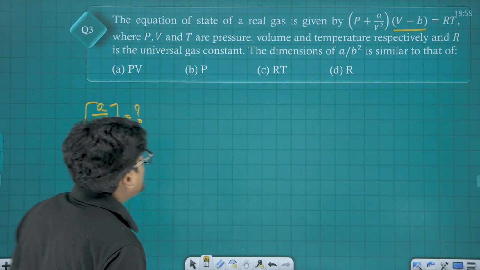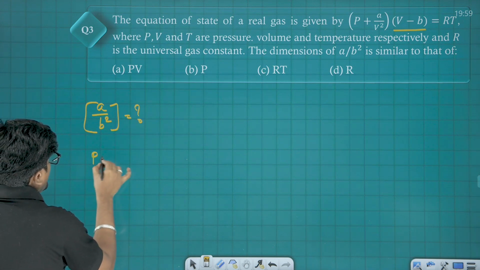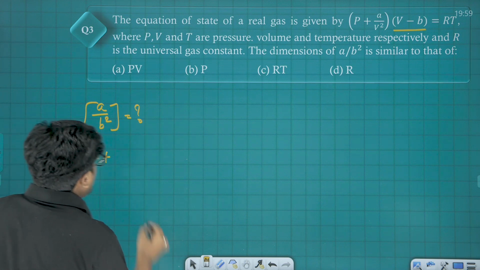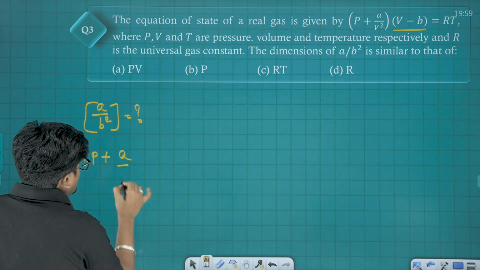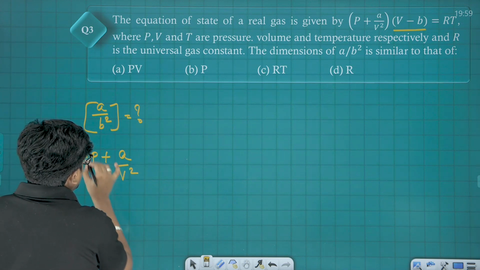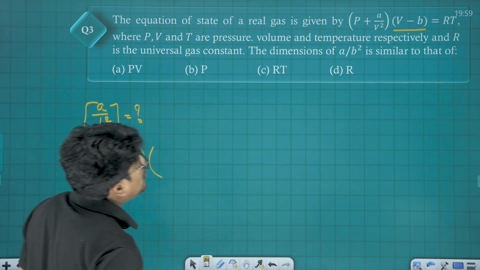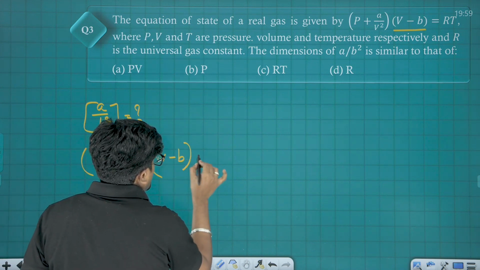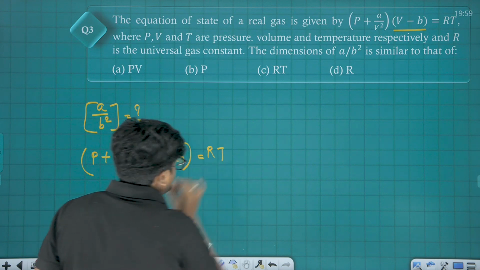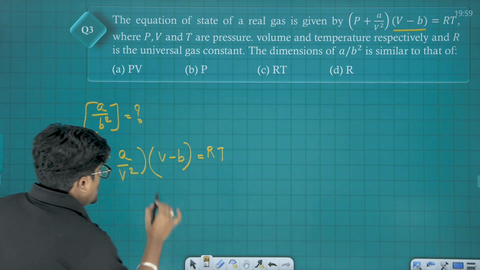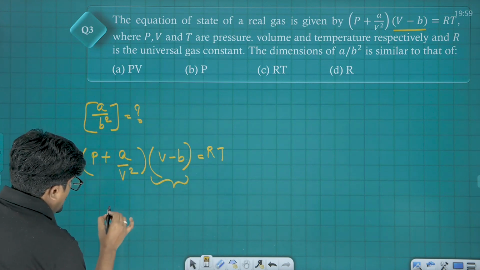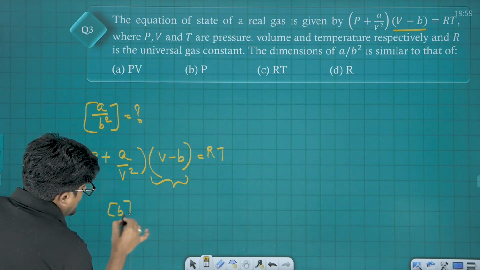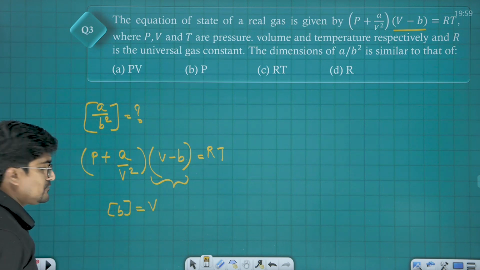All right, so we have got the relation as P plus A by V square into V minus B equal to capital R into T. So from here I can say that dimension of B needs to be volume.